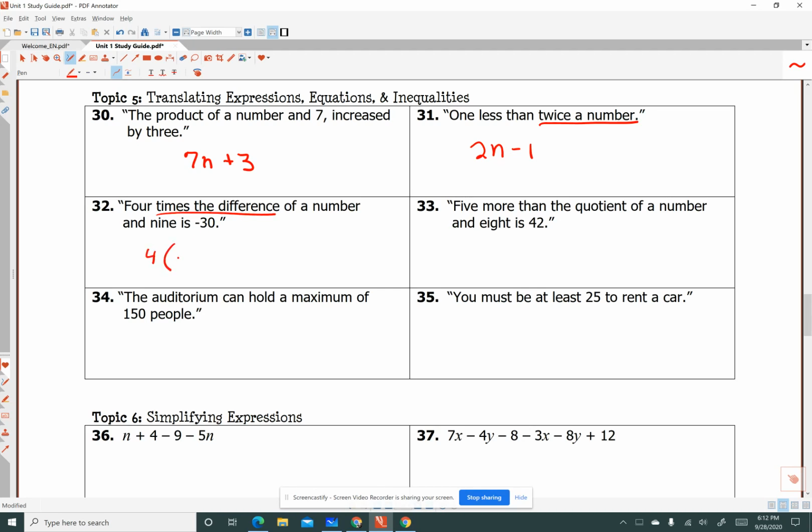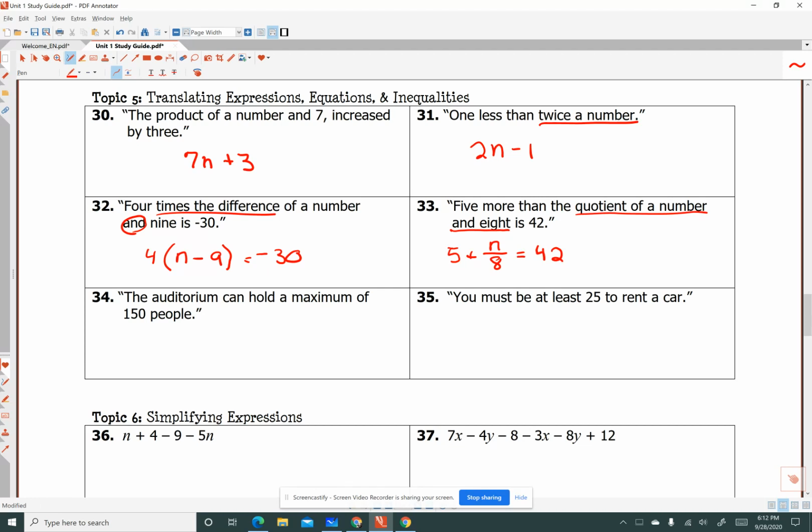So 4 times the difference of a number and 9, be careful, that "and" does not mean addition, equals negative 30. 5 more than the quotient of a number and 8 is 42. So the quotient of a number and 8 is n over 8, but it says 5 more. So 5 plus n divided by 8 equals 42.